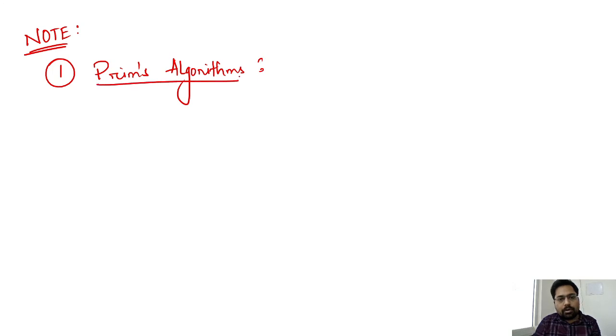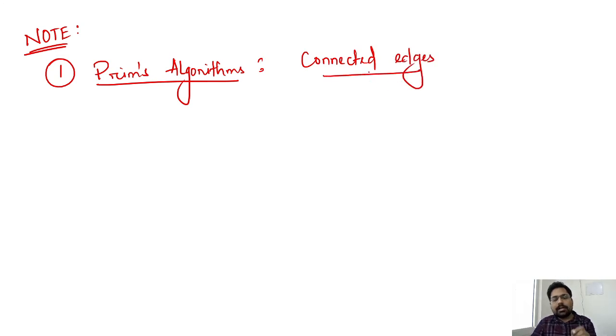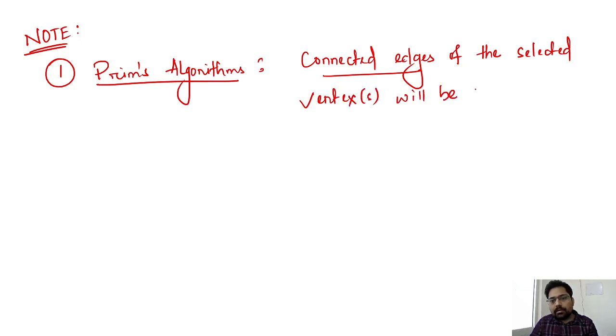it will focus on connected edges. Clear, no? Connected edges will be selected first. Connected edges of the selected vertex or vertices will be checked first.